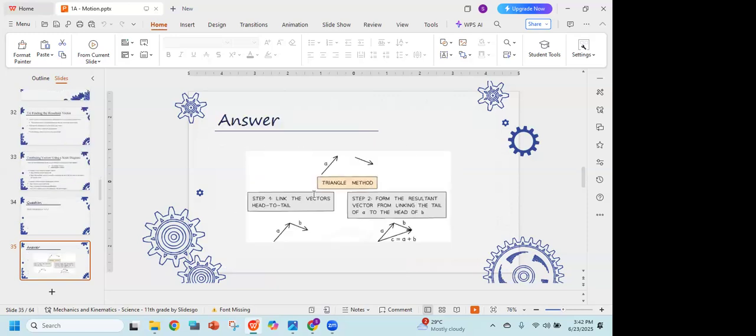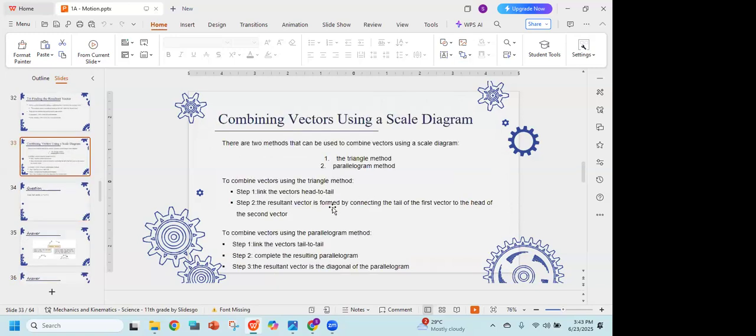Now in a vector, can you see this vector? This is called a vector. In this vector, can you see that this arrowhead is known as the head? The rear end of this is called the tail. So when it comes to the triangle method, the first thing I told you is to link the vectors head to tail.